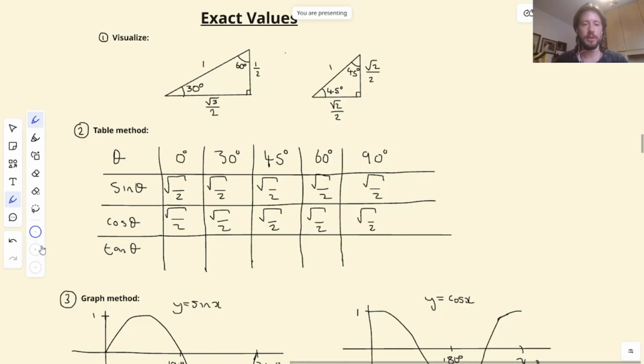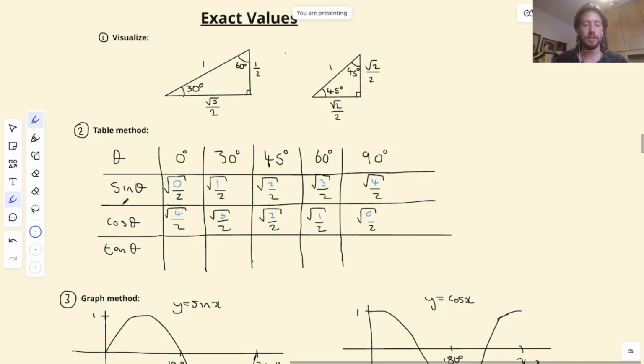Now, what we need to do next is put our numerators in. For sine, we just start counting from 0 degrees at 0. So 0 here, 1, 2, 3, 4. For cosine, we count down from 4. 4, 3, 2, 1, and 0.